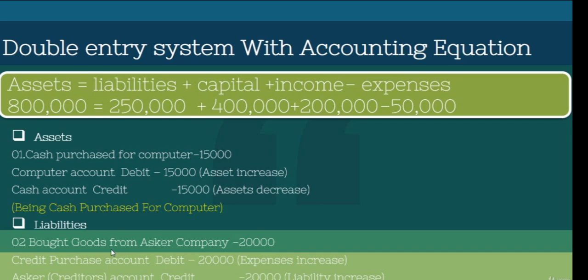The goods we purchase, so purchases increase, it means expenses increase. So expenses increase means debit and liabilities increase means credit. So purchase account debit 20,000 and Asker or creditors account credit 20,000. That is the double entry for goods from Asker company. The narration is bought goods from Asker company.